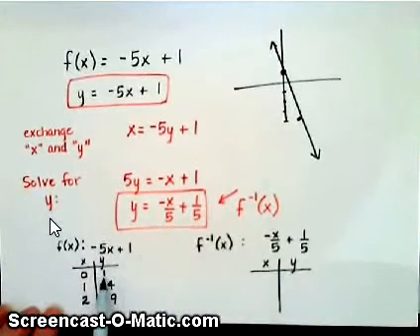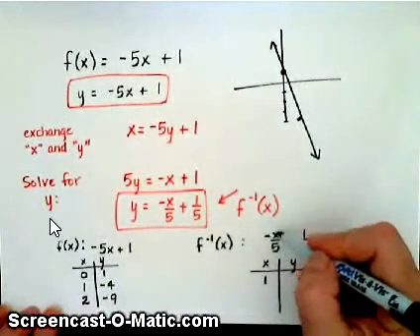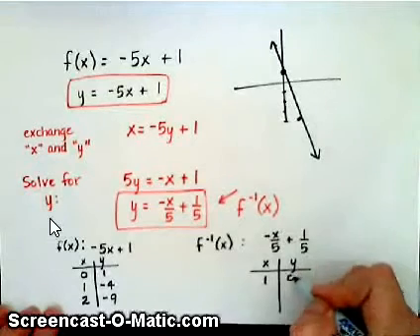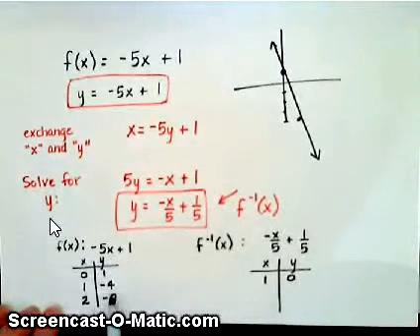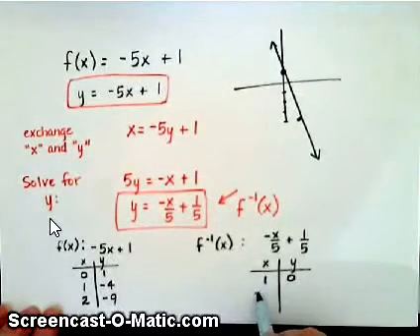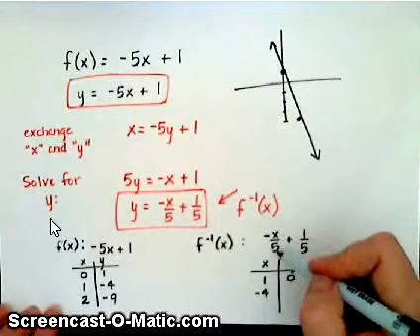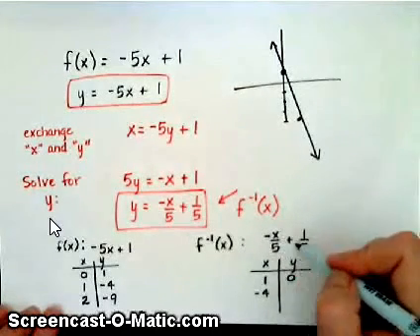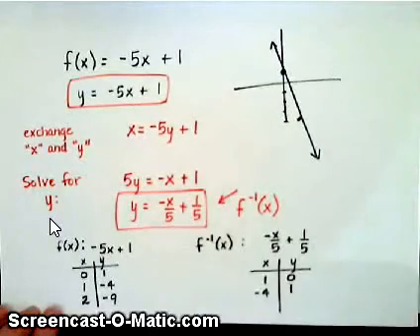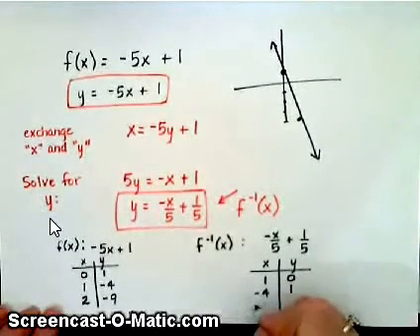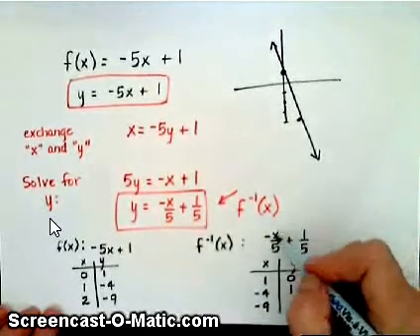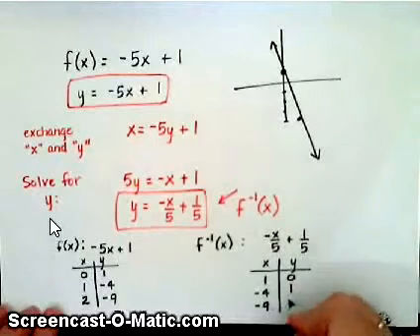So here y was 1, what happens when x is 1? We get negative 1/5 plus 1/5, which is 0. What happens when x is, let's say, negative 4? We get positive 4/5 plus 1/5 is 5/5, which is 1. And when x is negative 9, we get 9/5 plus 1 is 10/5, which is 2.